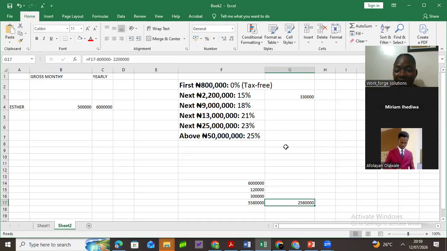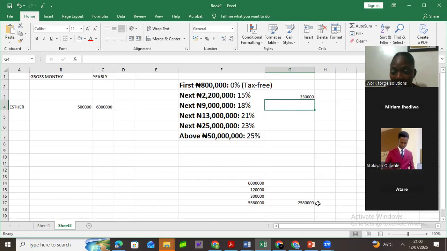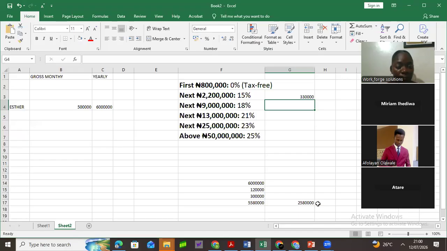So now the next one goes automatically to the next tax bracket, which is 18%. So we'll now have to do 18% of 2,580,000, which is, what do we get?